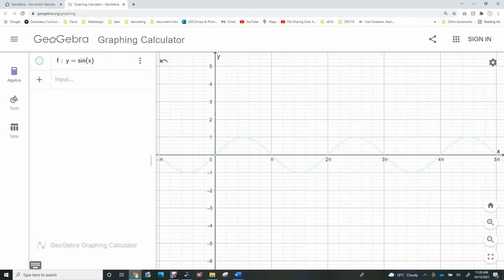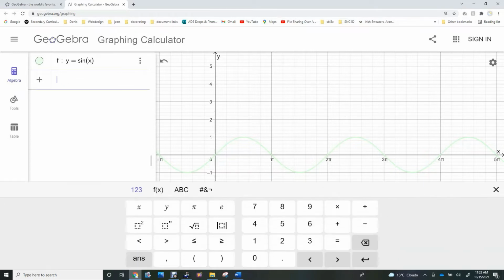The first thing we want to see is what happens when we change the value of A. And A represents the amplitude. The amplitude is the difference between 0, the middle point, which is represented by C, the axis of curve, and A, which is 1, which is the amplitude.